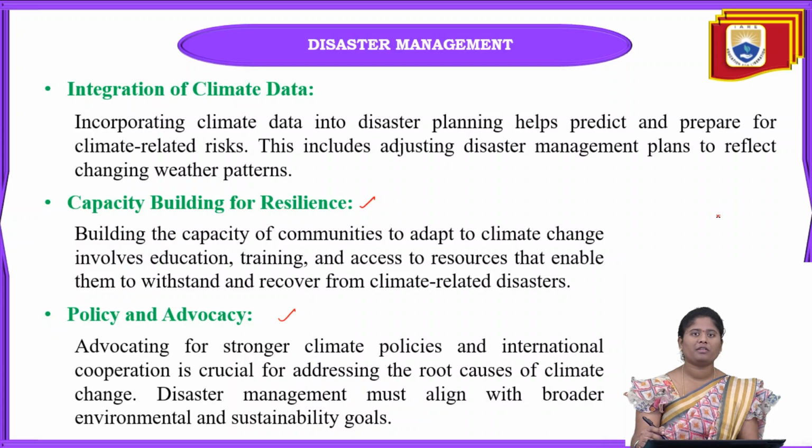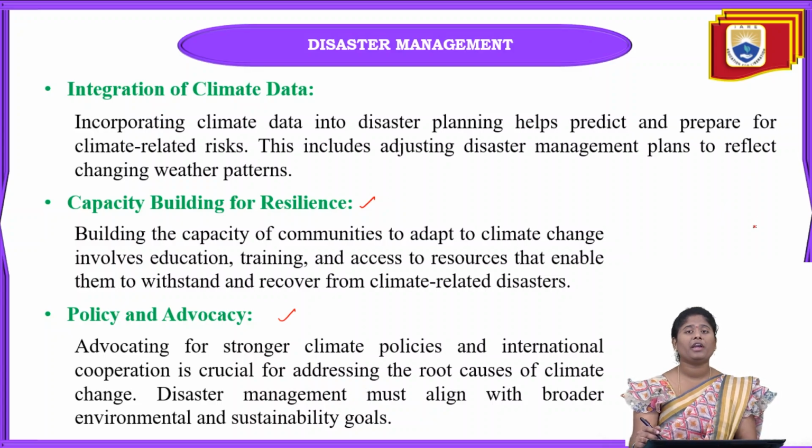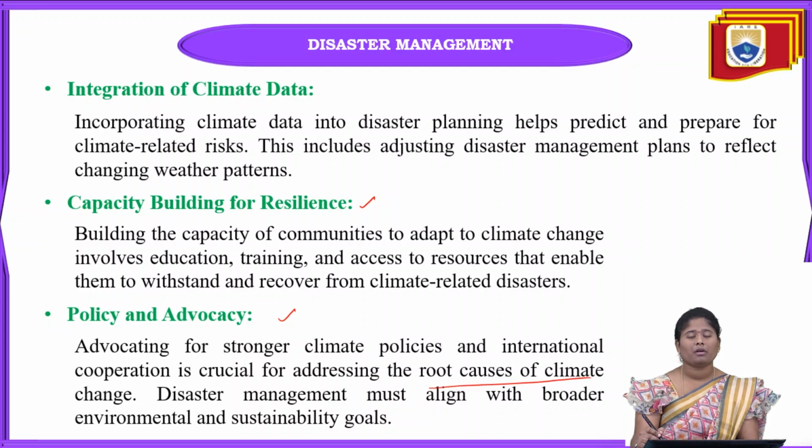And the next one is policy and advocacy. Here we advocate for strong climatic policies and international cooperation. By doing this, we can address the root causes of climate change, meaning from where this climate change is happening, whether it may be from natural disaster or whether it may be man-induced disaster.